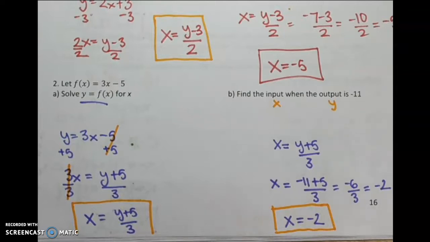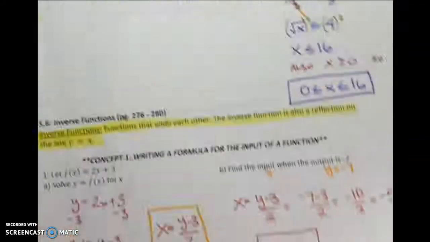Number 2. x equals y plus 5 divided by 3. When I input -11 for y, I get -6 divided by 3, which is -2. x equals -2. Pause if you need more time. I'm going to go on to number 3.